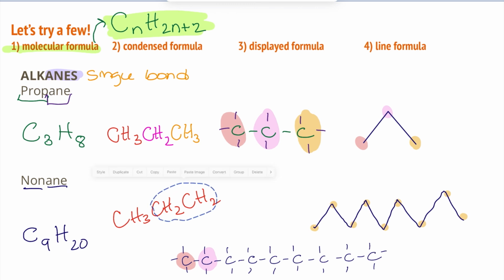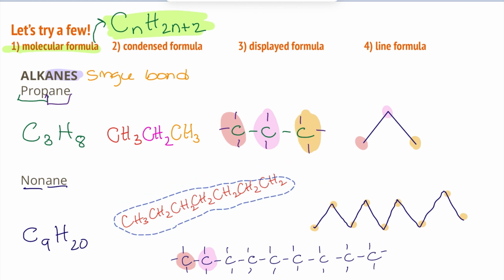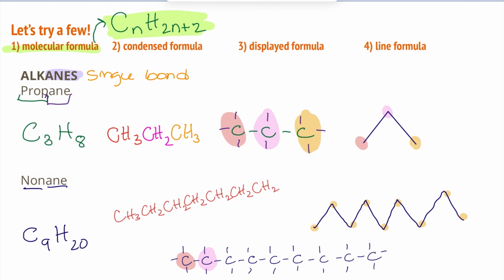So there's 2, 4, 6, and we need 1 more. Oops. So there's 7 of those. And then I need another CH3 on the end because that last carbon is going to have those 3 hydrogens as well. And so I can write it out like this, but that condensed formula is not very condensed.